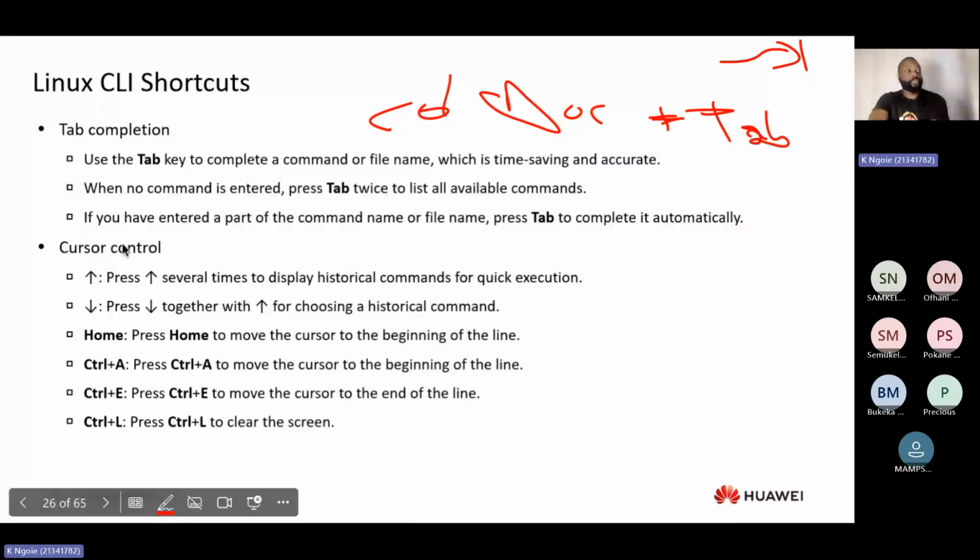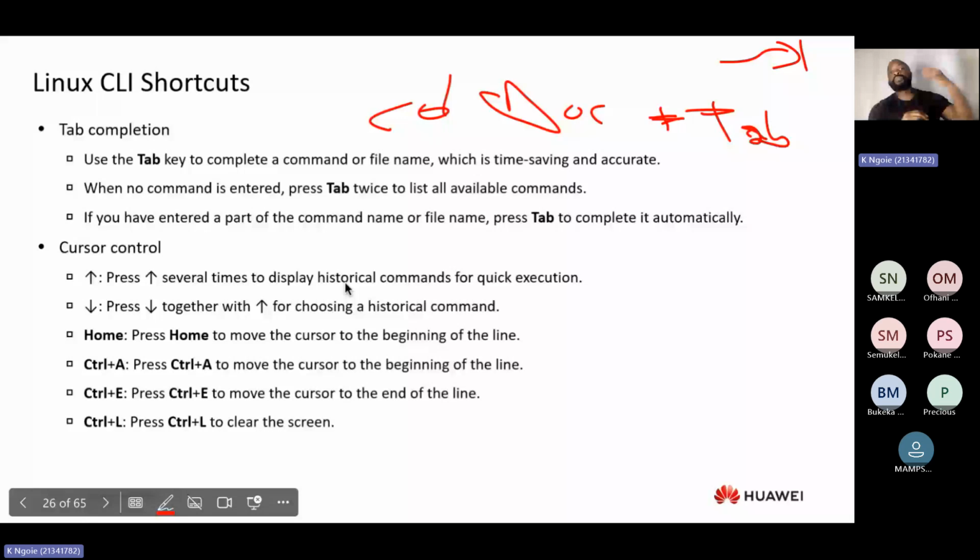So these are certain cursor controls. For example, you have the up arrow. When you press the up arrow, this will help scroll through previous commands in history. If you press the up arrow several times, it's going to display all the historical commands for quick execution. So this shows the previous commands that you used.